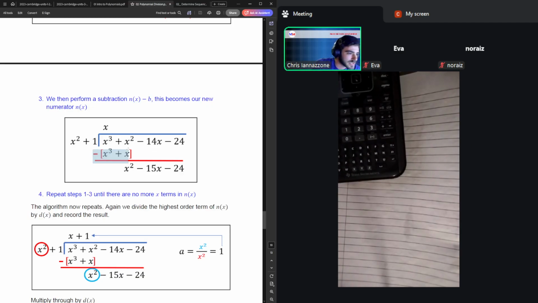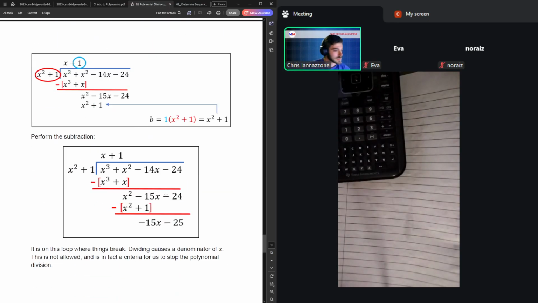But it's not the end of the world. Again, this is how I do it, but I've done this a lot, so I can just sort of be like, yep, the x cubes with each other. There's no x squared, so I just chuck that down there, and there's two x's that I got to do the subtraction on. So the main thing is that you're keeping the same power terms with each other. However you want to go about that is up to you.